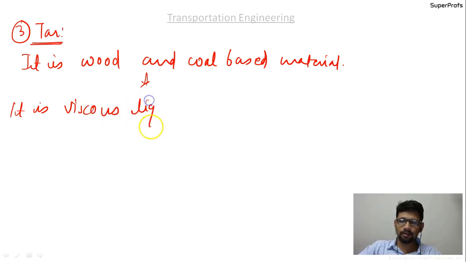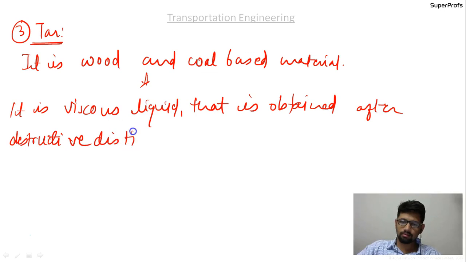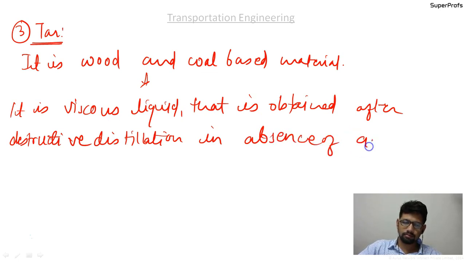It is a viscous liquid that is obtained after destructive distillation in absence of air of organic materials such as wood and coal.